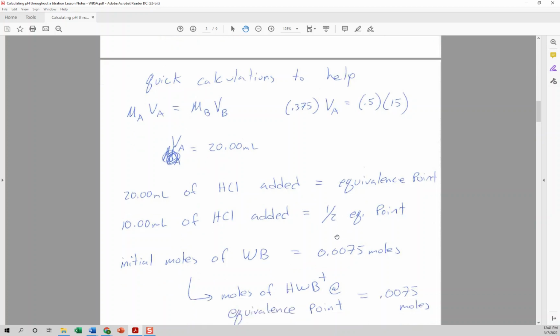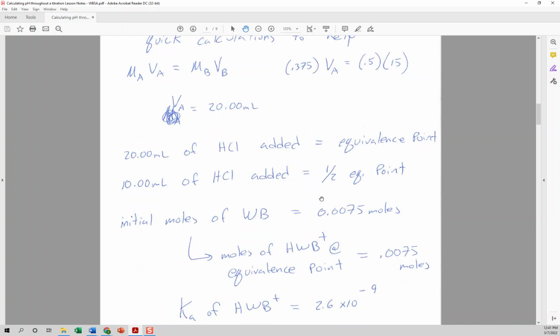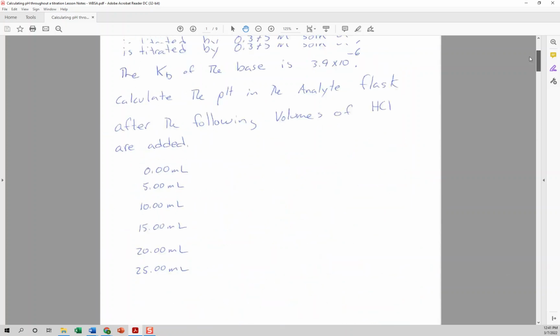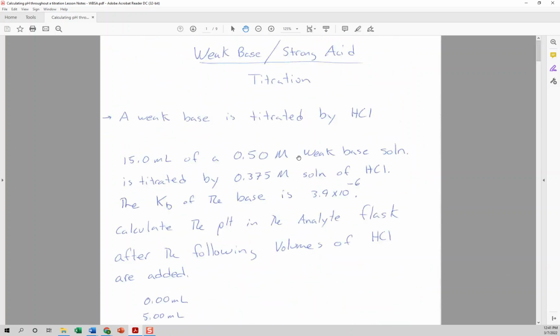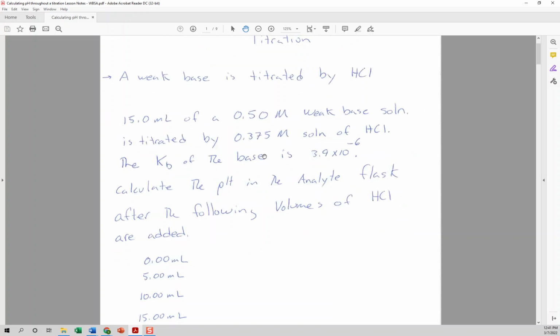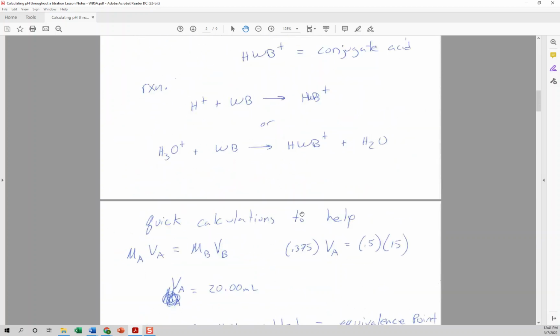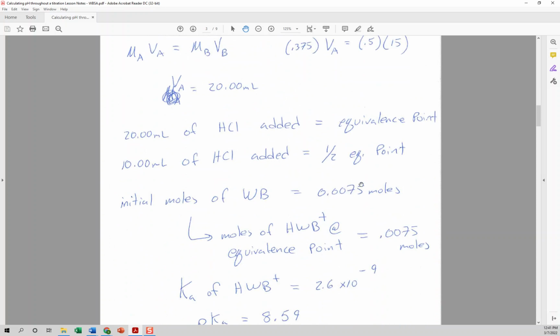Okay. Other numbers I'm going to need for all the calculations I'm going to do here. Initial moles of weak base, so liters times molarity. So we started out, remember, with 15 milliliters of the weak base, and that was the molarity. So if we do liters, 0.015 liters times molarity, that'll give us our initial moles of weak base.